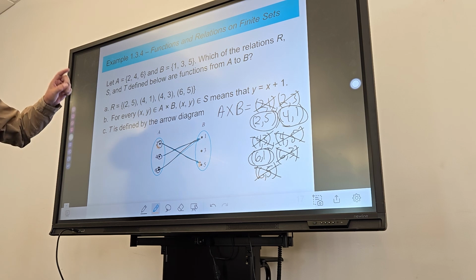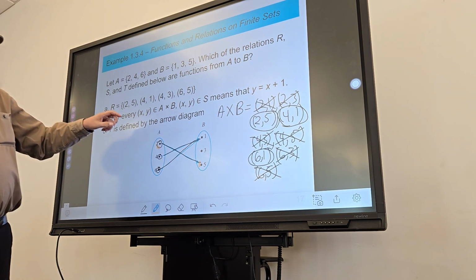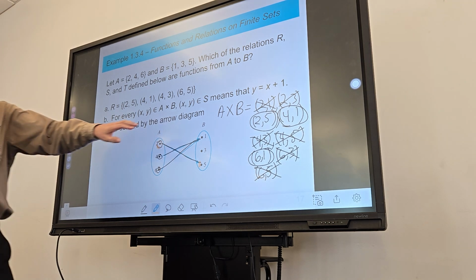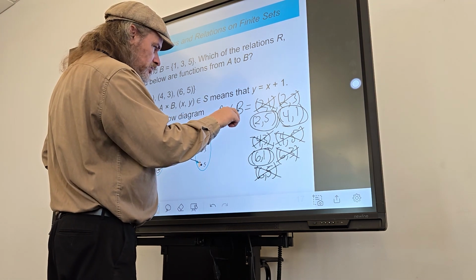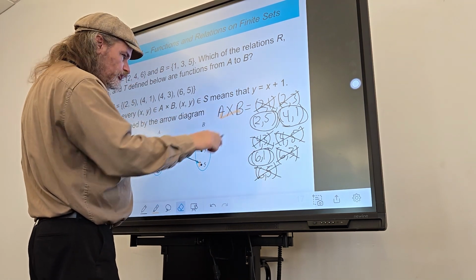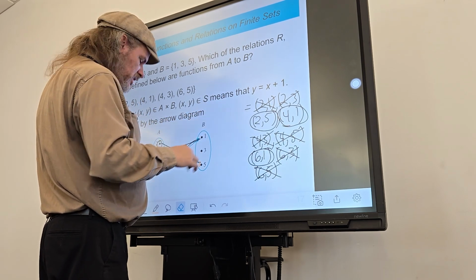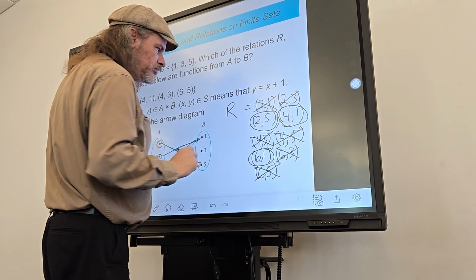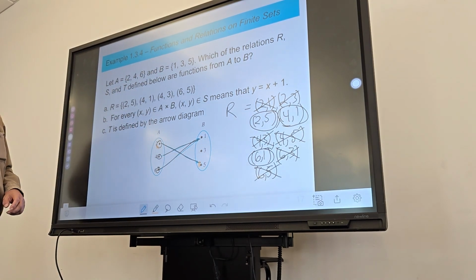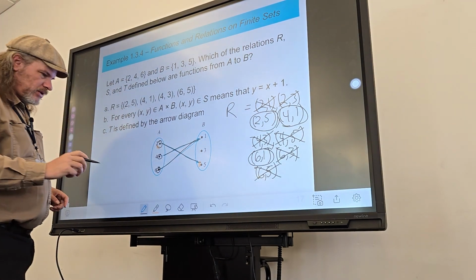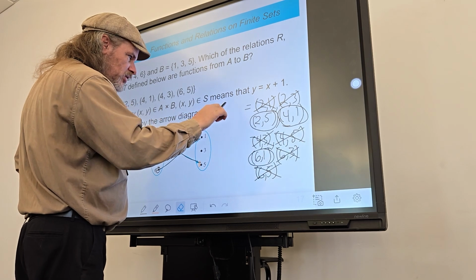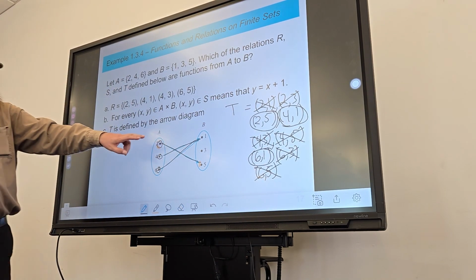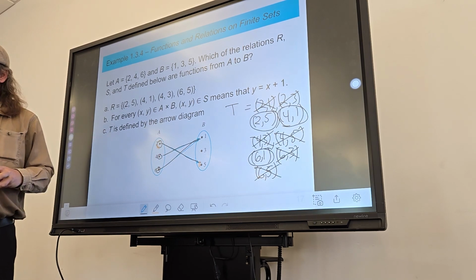So when you're looking at whether or not that defines a function, that's T, as defined by the arrow diagram.